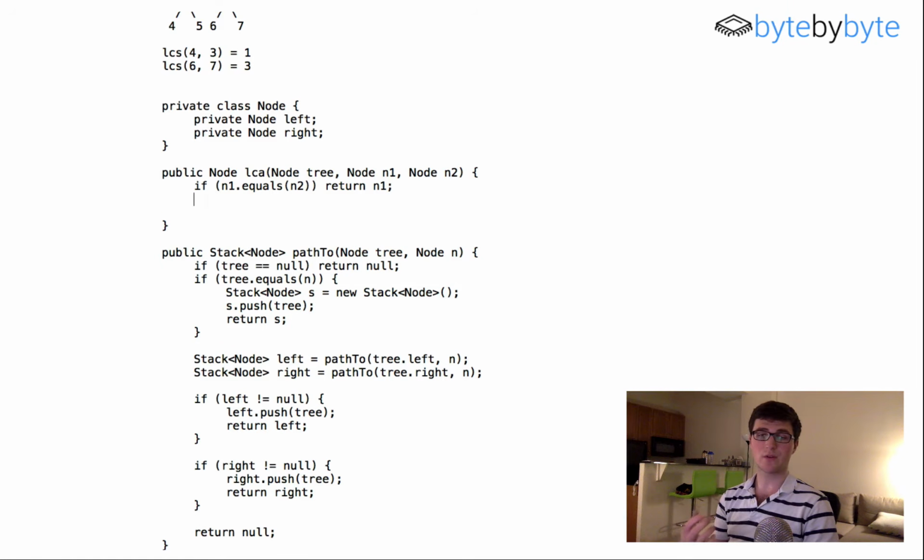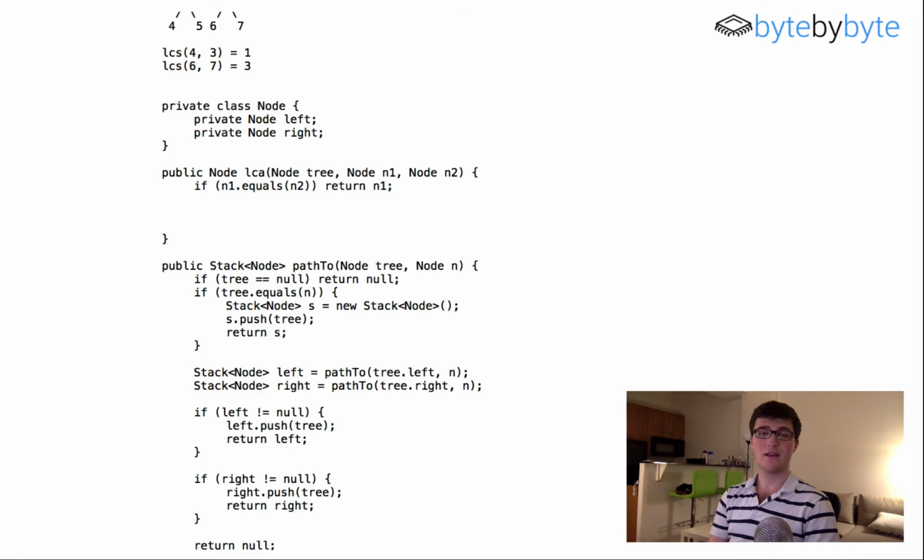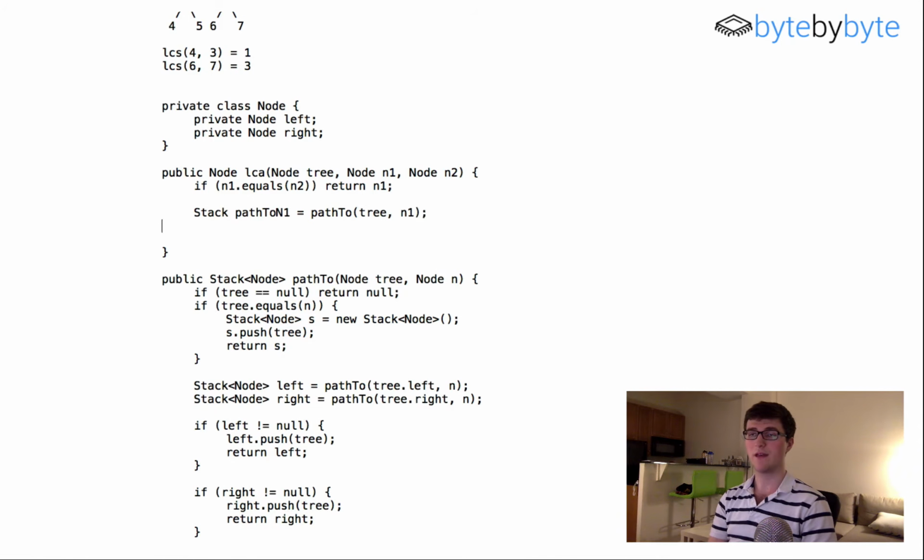And otherwise, we're going to get the two paths, and then we're going to compare them like we were talking about. So otherwise, we're going to say stack path to n1 is going to be path 2, tree, and n1, and stack path to n2 is going to be equal to path 2, tree, and n2.